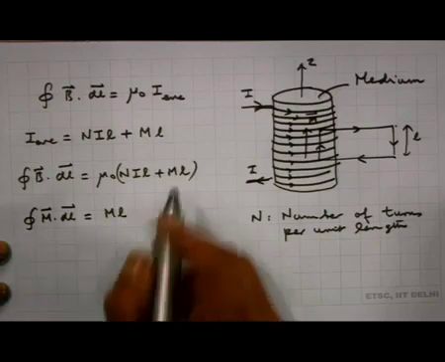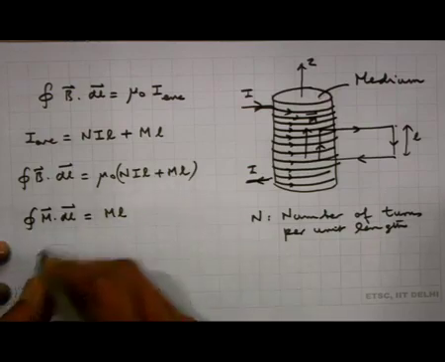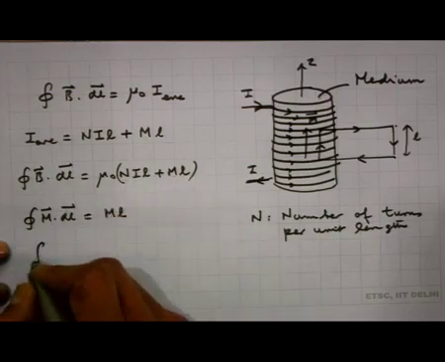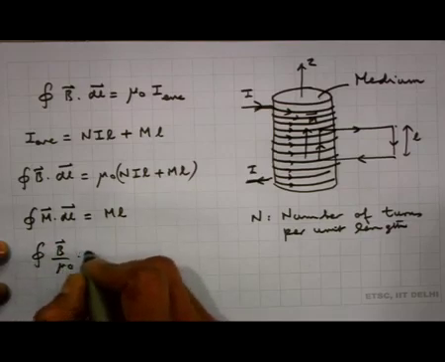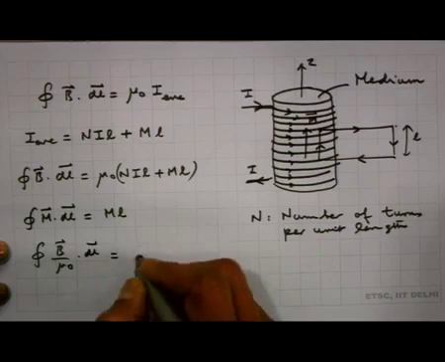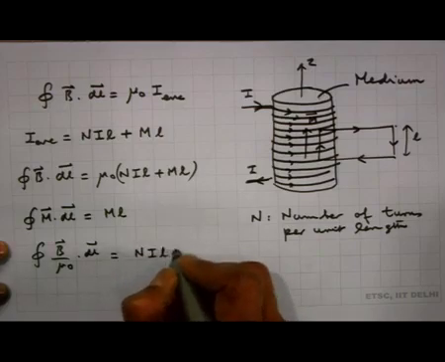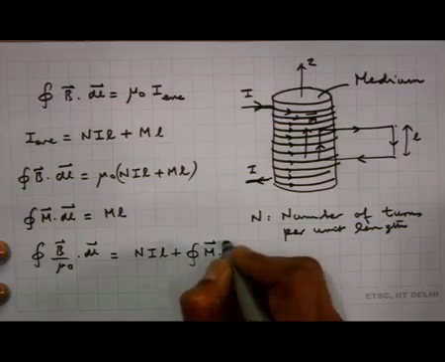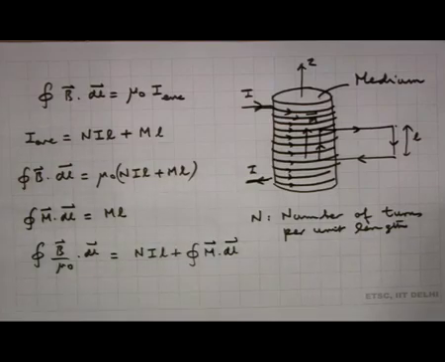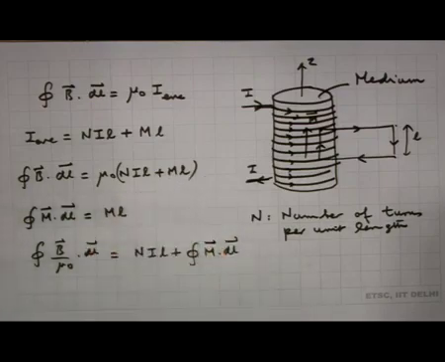So, I can write this ML as the integral of M dot dl. Let me divide by mu naught on both sides. So, I get the integral of B by mu naught dot dl is equal to nIL plus the integral of M dot dl. I have replaced ML by the integral of M dot dl.